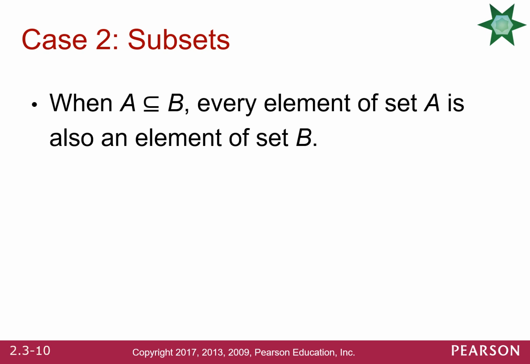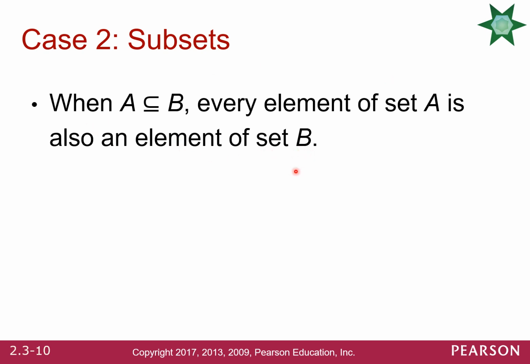So if I pull up the information here, it says when A is a subset of B, and look at the notation for subsets, it's this horizontally placed U with a line underneath it that reads as subset. A is a subset of B. Then every element of set A is also an element of set B.